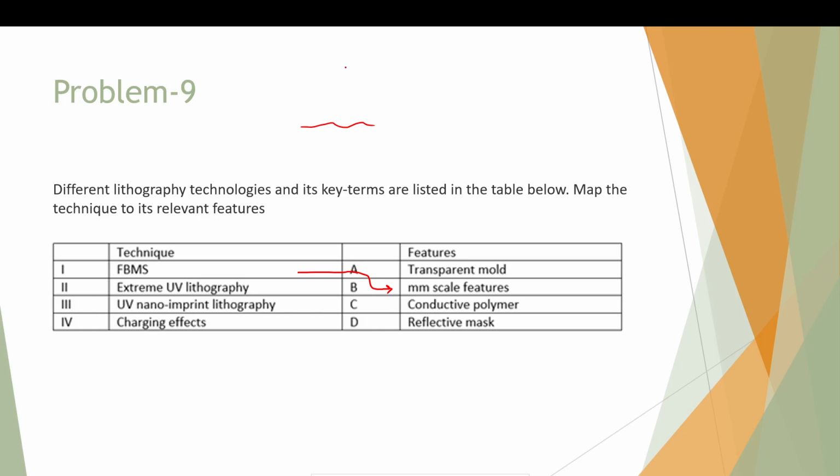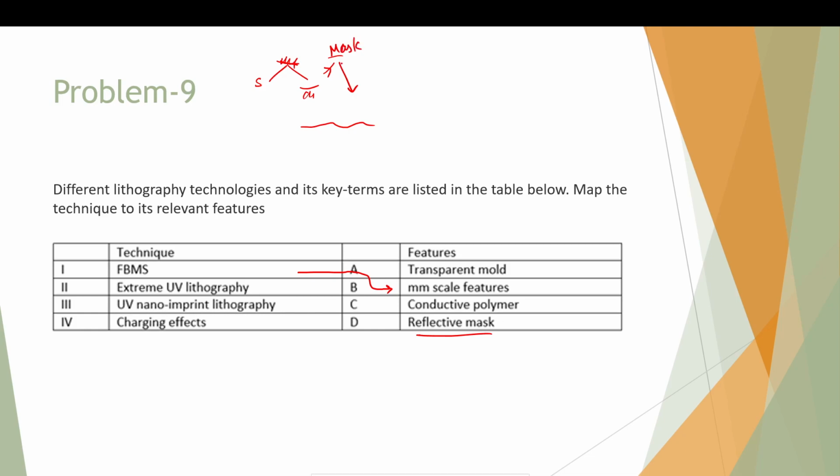So instead of having lenses, they have reflective mirrors. There will be a source of extreme UV light, and then they will reflect it by using multiple reflecting mirrors, this is the mirror, this is the mirror, and then it will land on the mask.